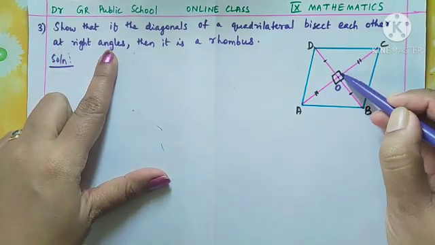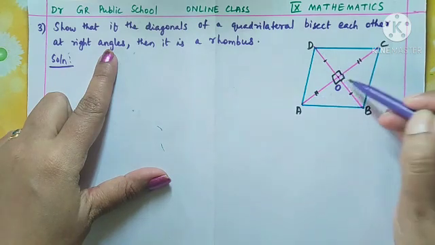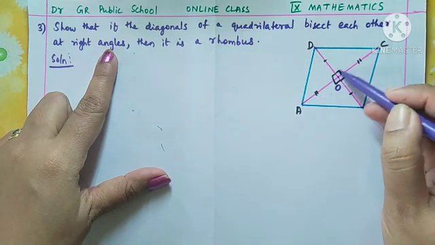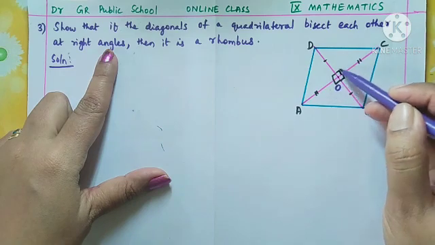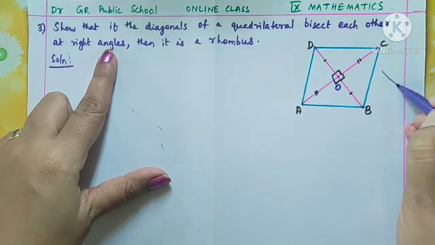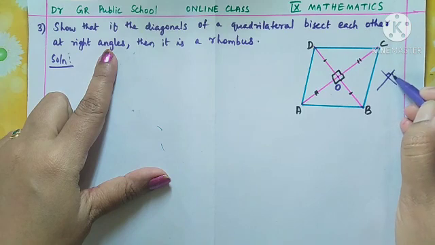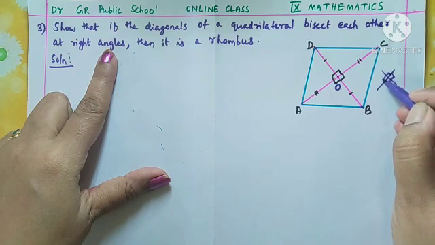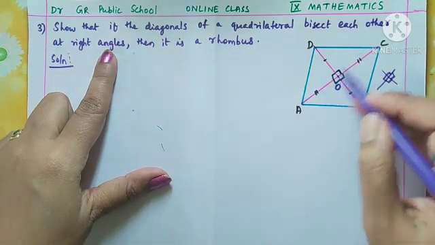So at this point where the diagonals are intersecting, we got 4 angles. When 2 lines intersect, the vertically opposite angles are equal, we know. So when these diagonals are cutting at right angles, all 4 angles are 90 degrees. Okay. So this much conditions are given.